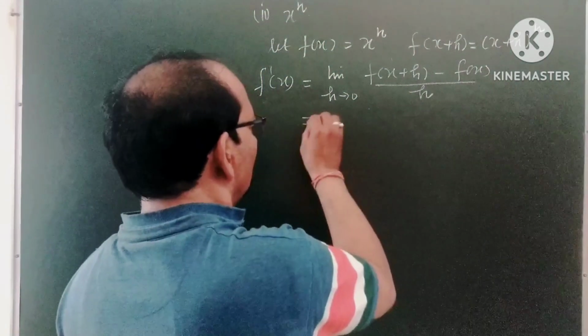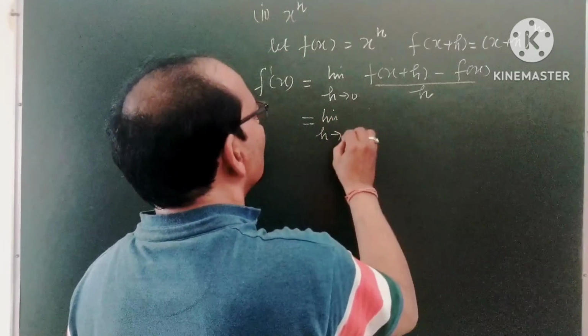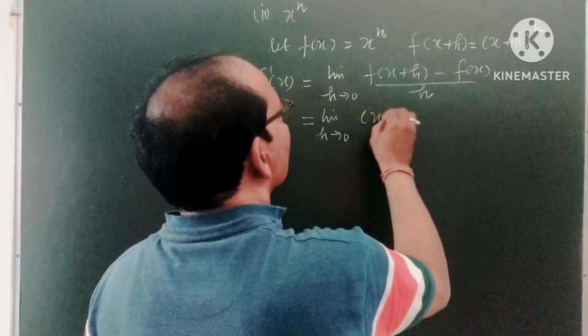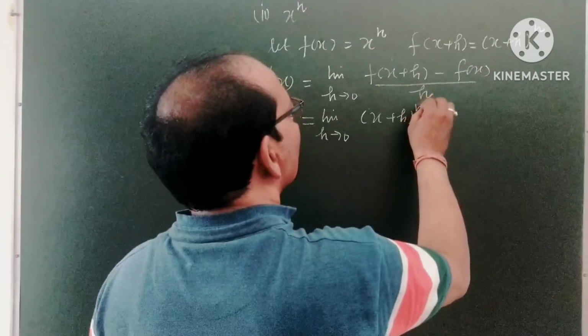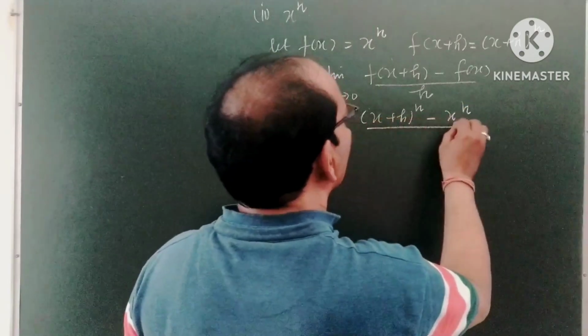Therefore, keeping the value, limit h tends to 0 of (x plus h) raised to n minus x raised to n by h.